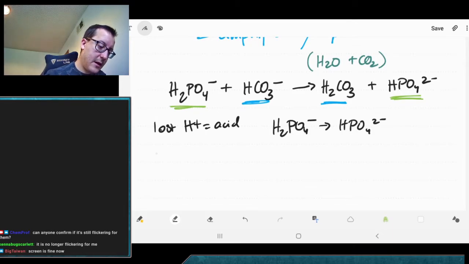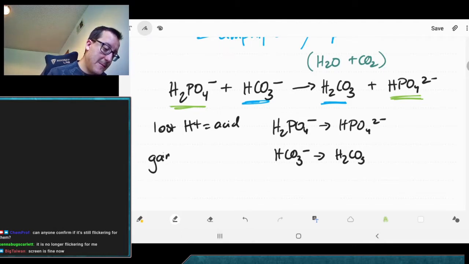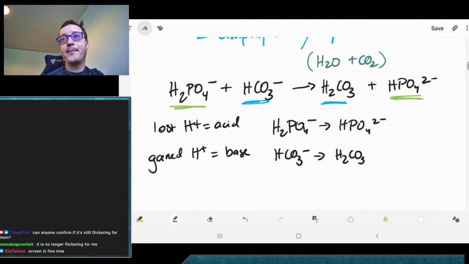And then if we look at the other one, we have the bicarbonate. We can see here it has gained H+. It now has 2 hydrogens where it had 1 before. That means it's the base. All right, so we have transferred a proton from our phosphate to our carbonate. Hooray.